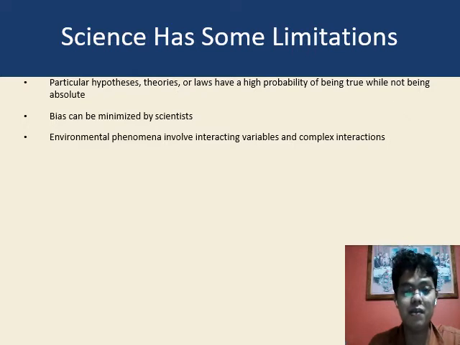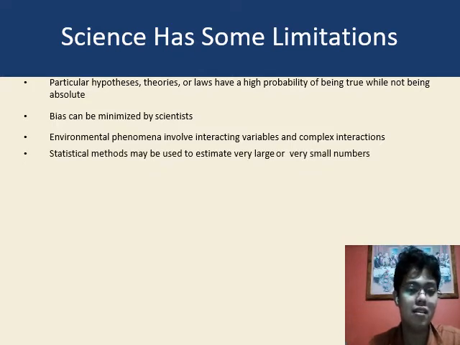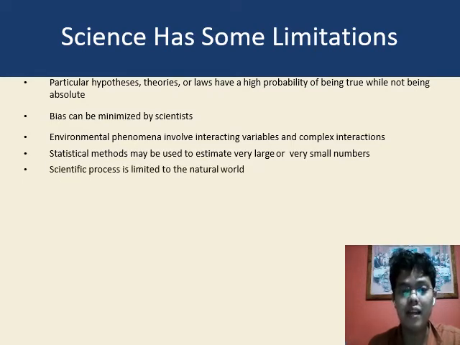Environmental phenomena are multivariable, so they cannot be easily controlled in an experimental setup. Then, statistical methods may be used to estimate very large or small numbers. And the scientific process is limited to the natural world.